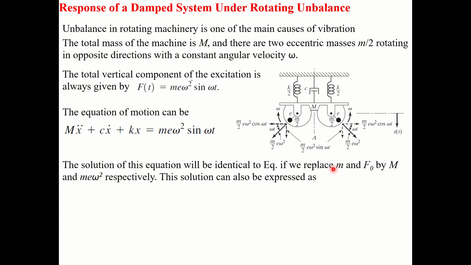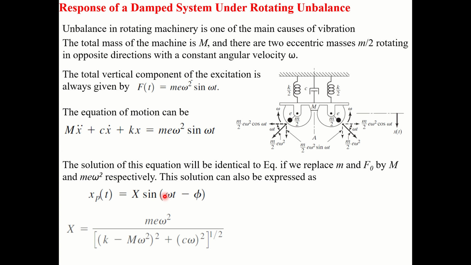If we replace them, the solution can be expressed like this: x_p equals X sin(omega t minus phi). This is the particular solution we derived last time.